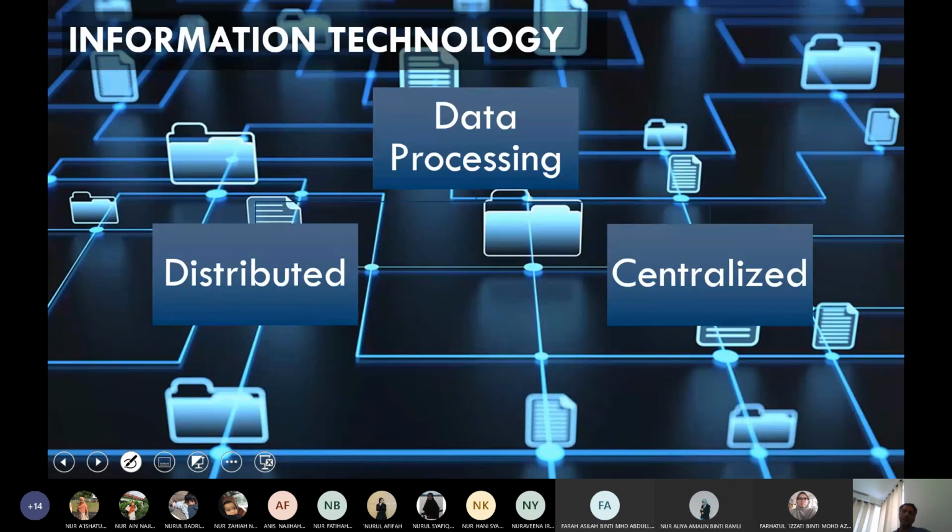Okay, so just to have a brief look at data processing types, we have two: centralized and distributed, or we can call it decentralized data processing. The difference relates to what we talked about just now, the functional segmentation.